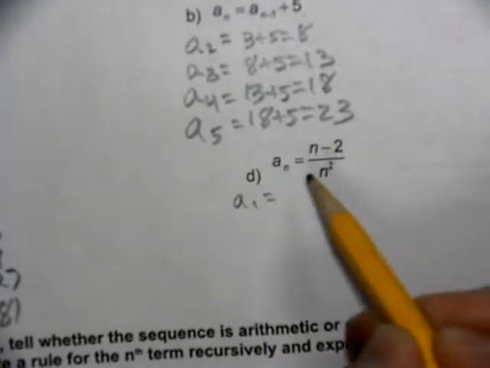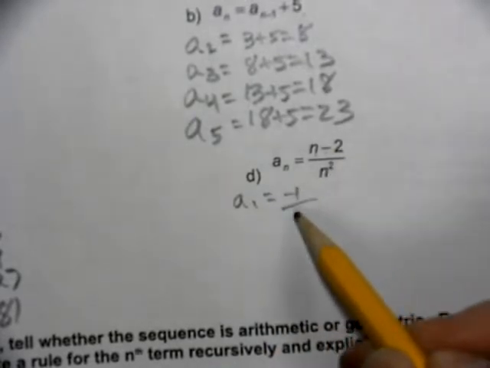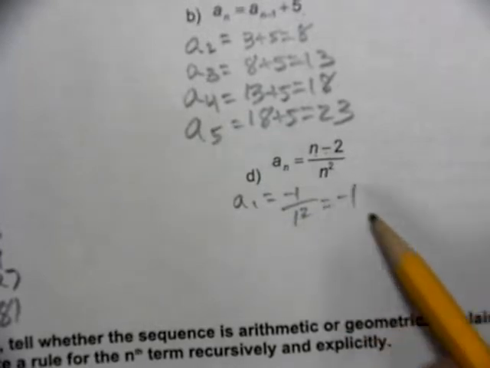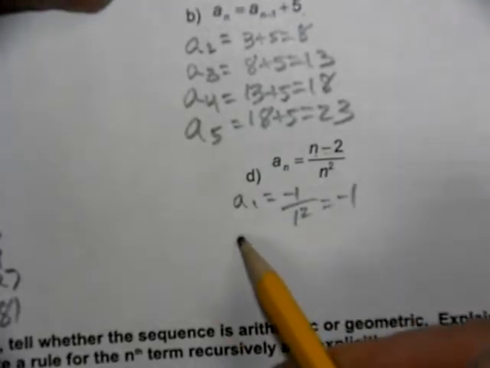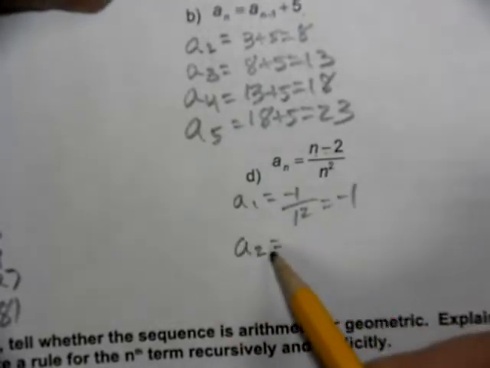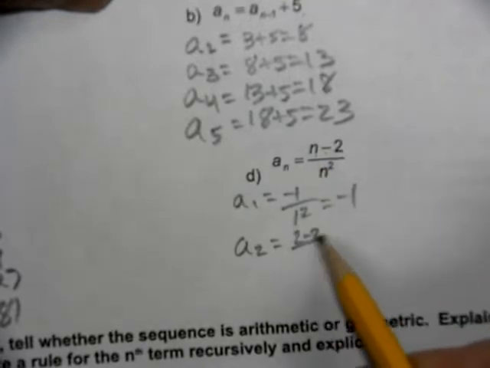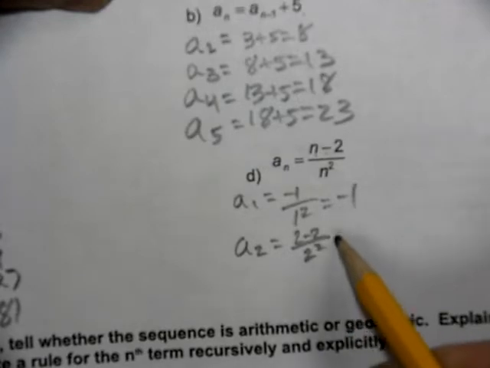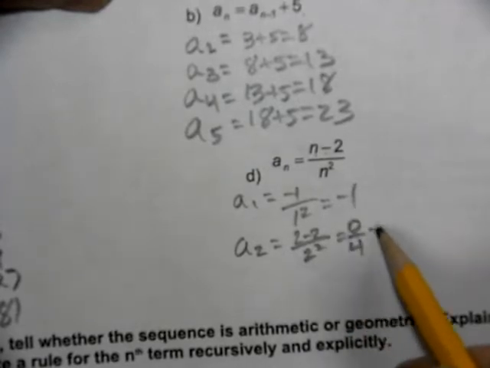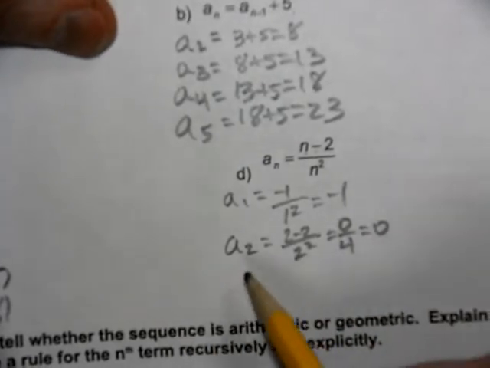So 1 minus 2 gives you negative 1 over 1 squared. Plug in a 2, so 2 minus 2 over 2 squared, which is 0 over 4, which is 0. Interesting.